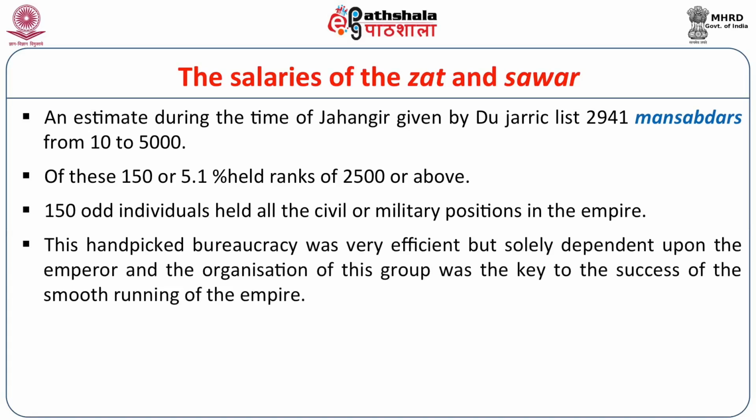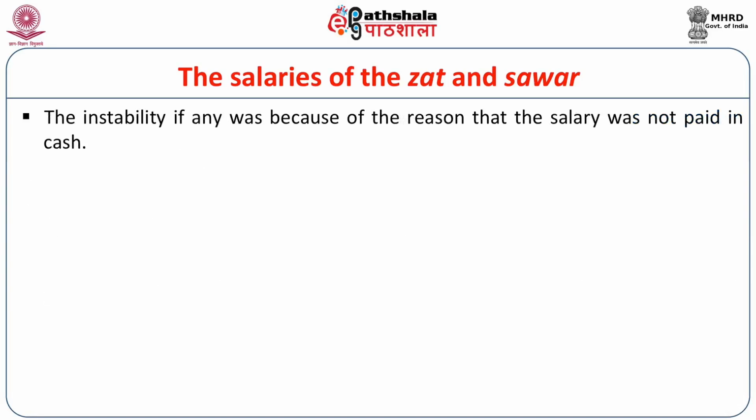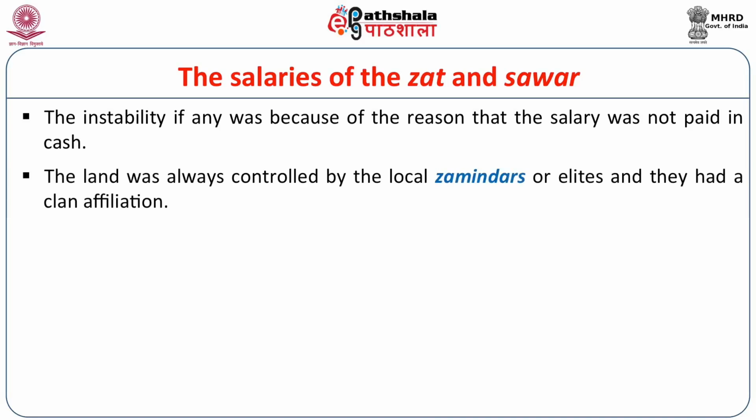This hand-picked bureaucracy was very efficient but solely dependent upon the emperor, and the organization of this group was the key to the smooth running of the empire. The instability, if any, was because of the reason that the salary was not paid in cash. The land was always controlled by the local zamindars or elites, and they had a clan affiliation.